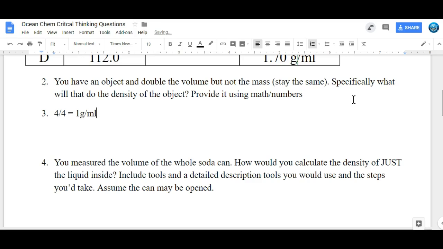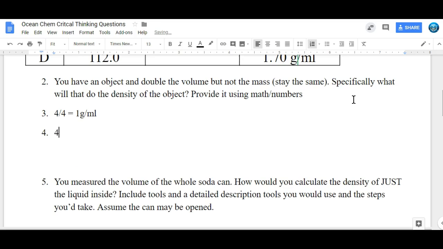All right, well, what happens if we double the volume but not the mass? Well, then this is going to turn into 0.5 grams per mL. And so that means that density goes down, but by how much? By what percent? And it doesn't matter what numbers we put in here.